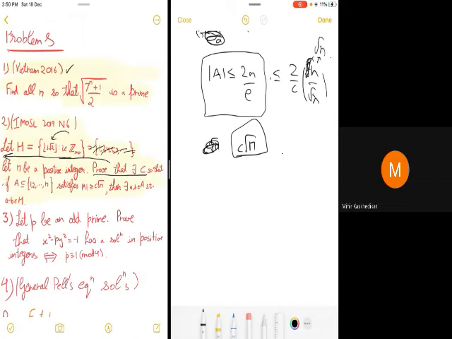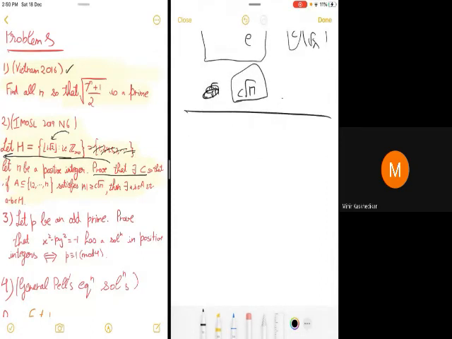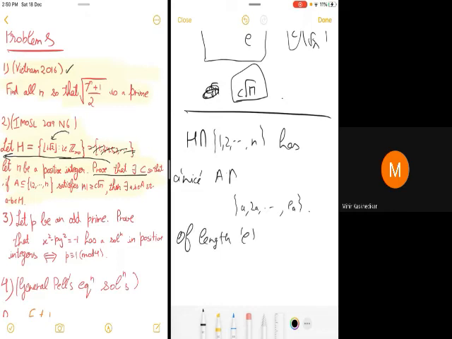And we are done. We just needed to find such a C. So now our main goal is that H intersection 1 to n has a nice AP, which is defined as an AP of this type, of length L, greater equal C root n.